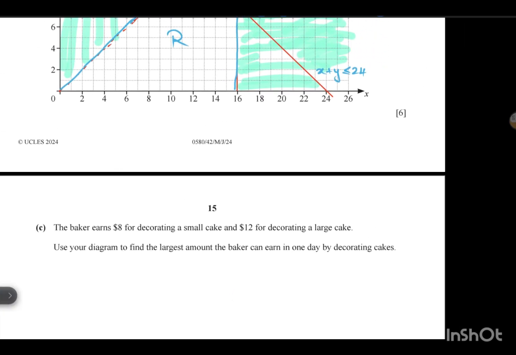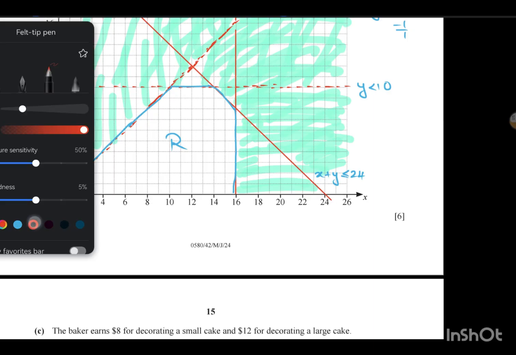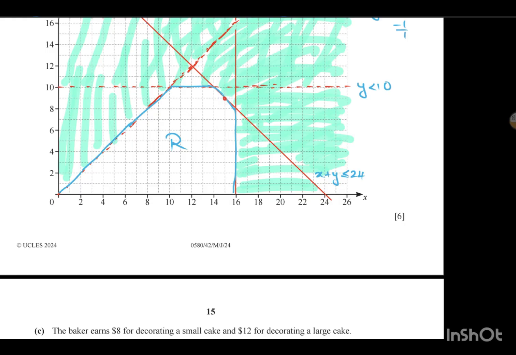Here $8 are earned for decorating small cakes, so 8x, and $12 are earned by decorating the large cakes, 12y. So 8x plus 12y, you get the maximum amount by taking the maximum point in this region R. In the region R, the maximum point is this 15 and 9.